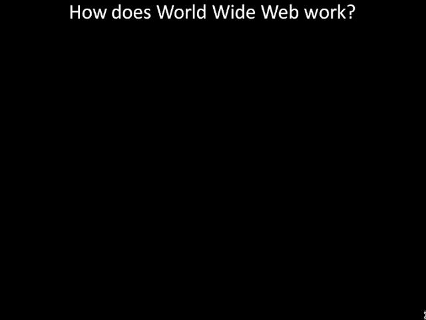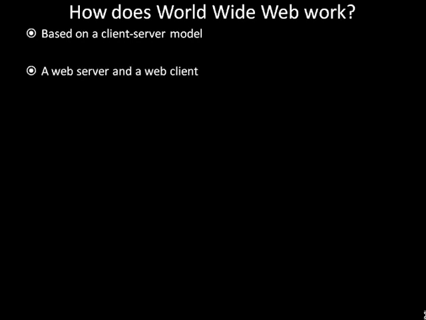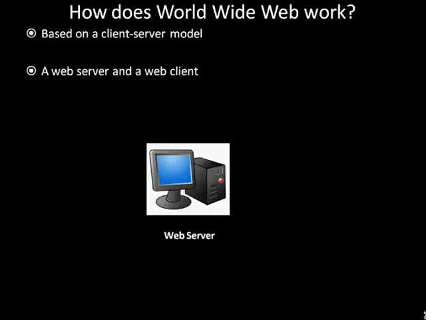How does the World Wide Web work? The World Wide Web is based on the client-server model. There is a web server and a client. A web server is a host computer with web server software installed on it, and it stores and shares files over the Internet.